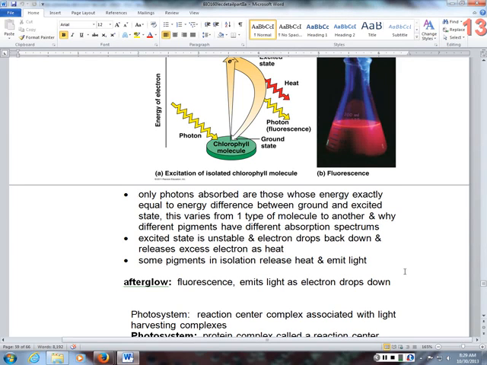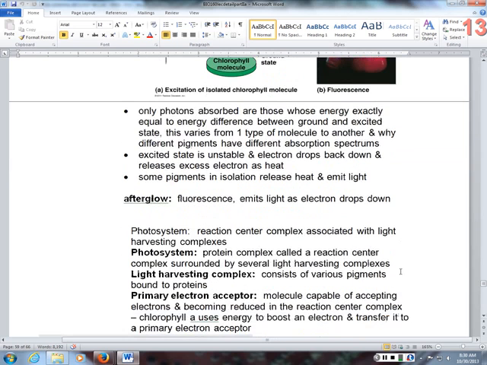So that's why when I take those plants that want to grow in the shade and put them in the sun, with a different spectrum of light, they're not happy. I can't just give it more water and say, here, maybe what you needed was a little bit more water. It needs the different spectrum of light. So the afterglow is just that fluorescence.